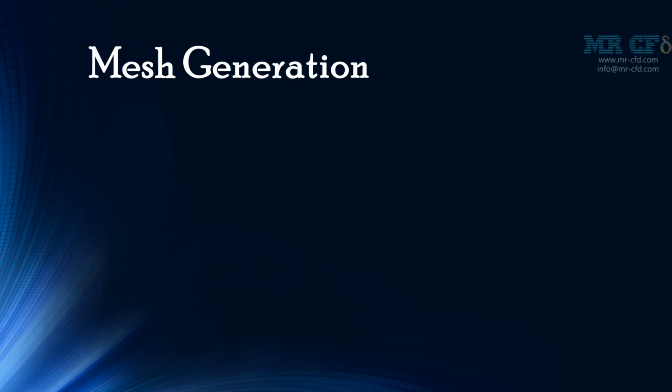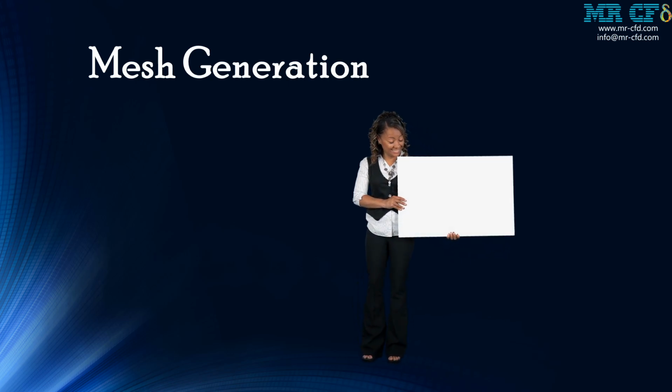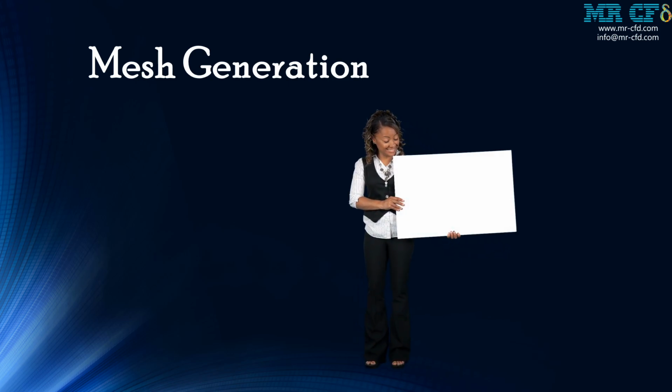Now let's talk about meshing, a crucial step in any simulation. Discovery Live uses automatic meshing, which is a great tool. As you modify your geometry, the mesh updates in real time. This is very different from traditional approaches where you'd have to manually remesh after each design change.